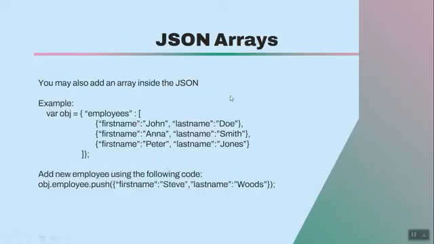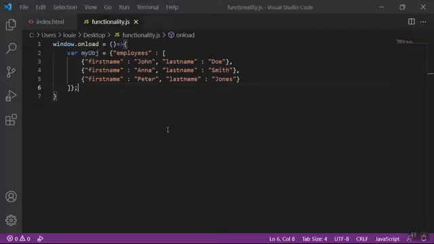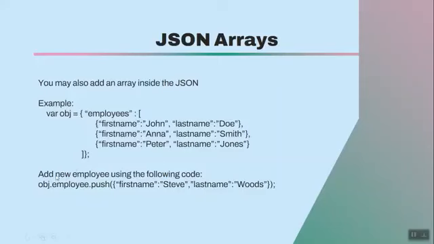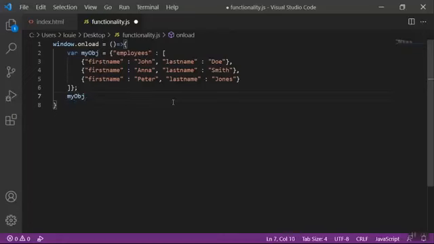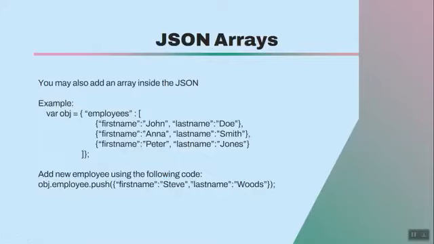And then for us to add a new employee to the group of employees here, we just need to use this code below. Okay, so in our case, let us try. It says here the object, or the name of the object. So myObj.employee, or this should be employees, not just employee.